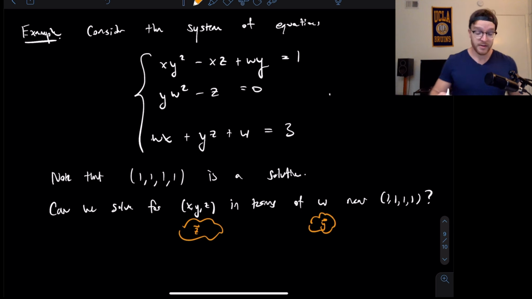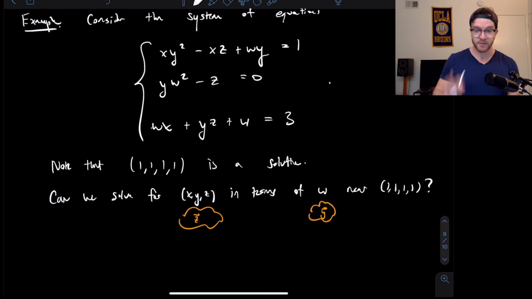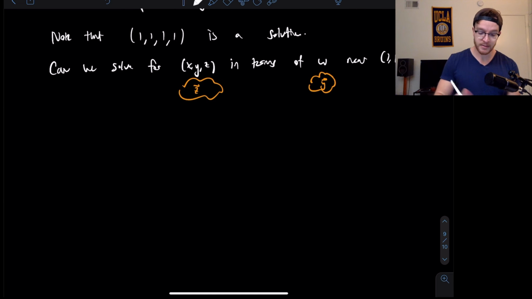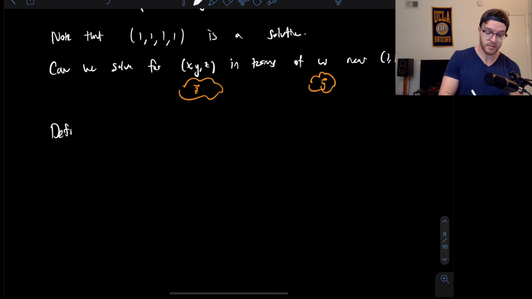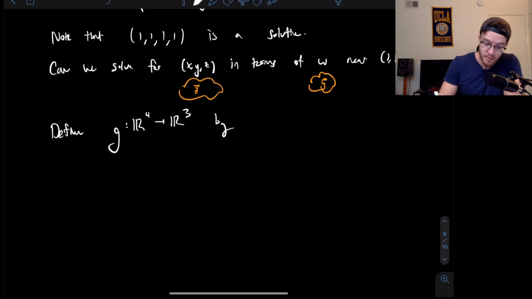Okay, same thing as before. So what would this look like in this situation? Now I have 4 variables, 3 equations. So I would define g from R4 to R3 by g of, let's do w, x, y, z.